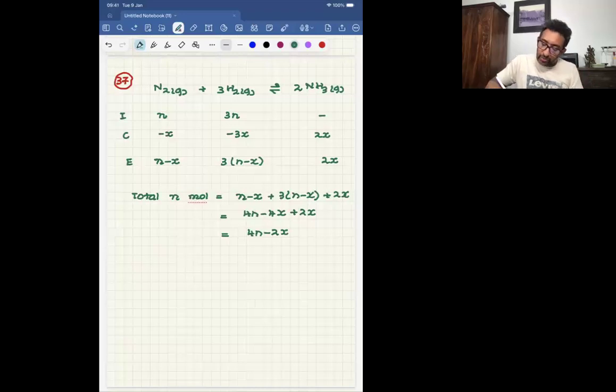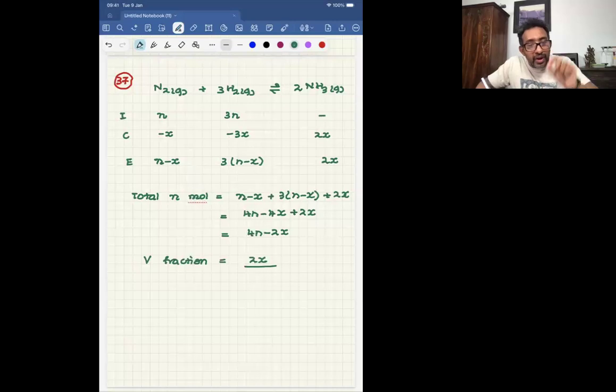Out of that total number of moles, the number of moles of ammonia is 2x, right? So volume fraction. What is the volume fraction? Volume fraction is equal to 2x, the number of moles of ammonia, over the total number of moles, 4n minus 2x. That value is equal to how much? It says 10%. 10% means 10 divided by 100. Did you all understand that?